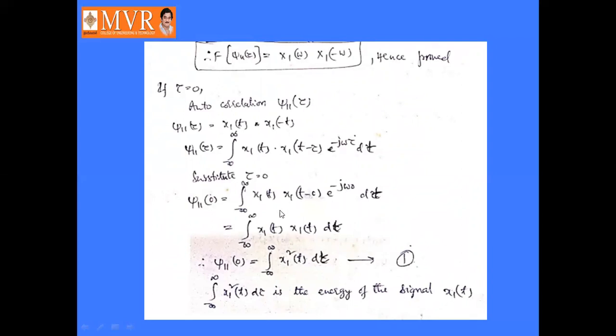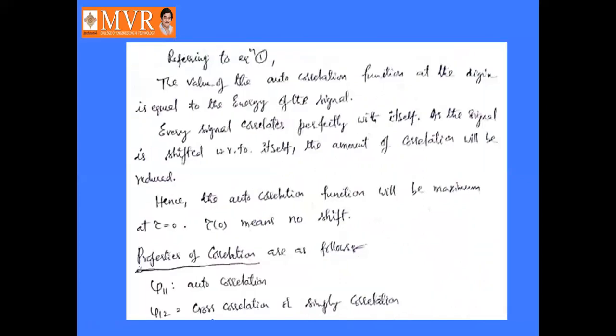So it is x1 of t into x1 of t dt, or x1 square t dt. So by substituting tau equal to 0, phi11 of 0 is the integral from minus infinity to infinity of x1 square t dt, that is equation number 1. Here the integral of x1 square t dt is the energy of the signal x1 of t.